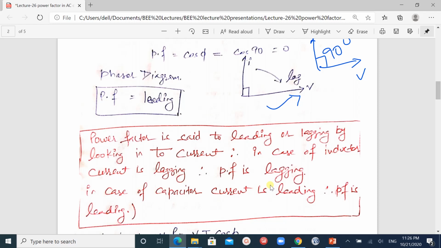The current of the circuit tells us whether the power factor is leading or lagging. Therefore, in case of inductance, the current is lagging and the power factor is also lagging. But in the case of capacitor, the current is leading, so the power factor is leading.